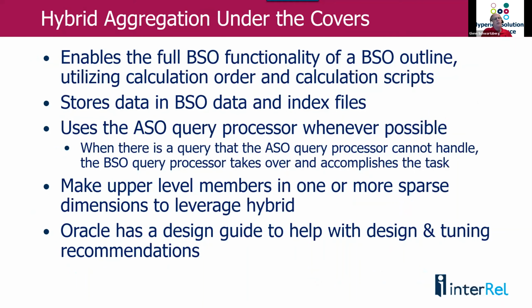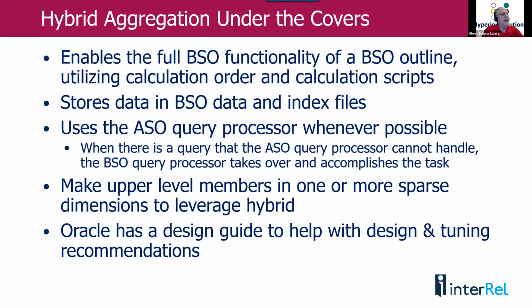So how does hybrid really work? Well, there's 2 calculator engines in the cube. And we don't say that there's three kinds of cubes, by the way. There really are only two types of cubes. There's BSO and there's ASO. And BSO can be hybrid enabled, or it might not be.